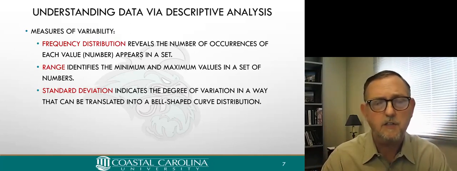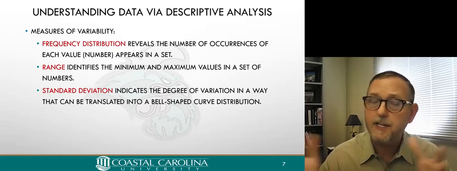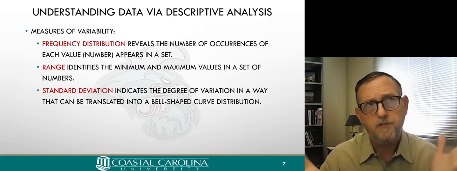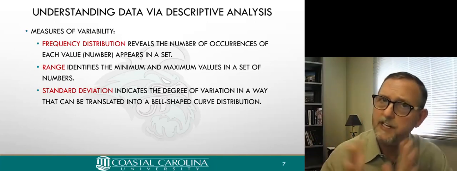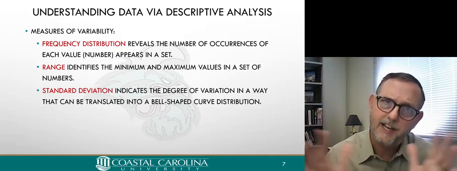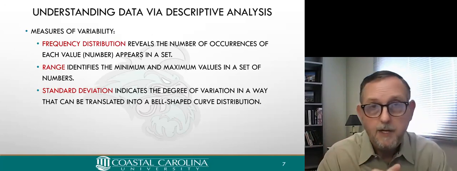If the ages of respondents are, say, 20 years old to 88, then that's a pretty wide range compared to if our respondents were between 25 and 35, which is a much narrower range. And it tells us something about the dispersion of that particular metric, that particular measure.